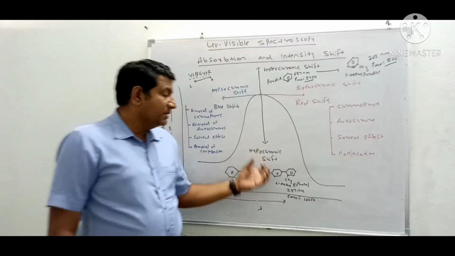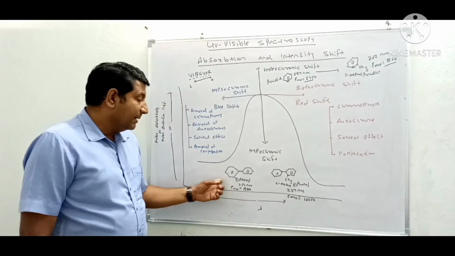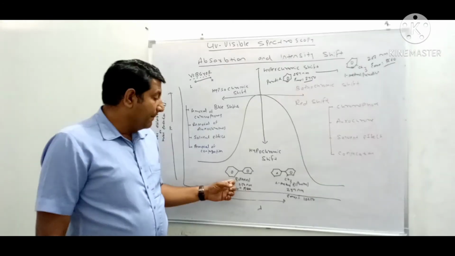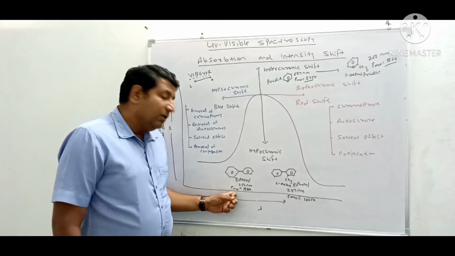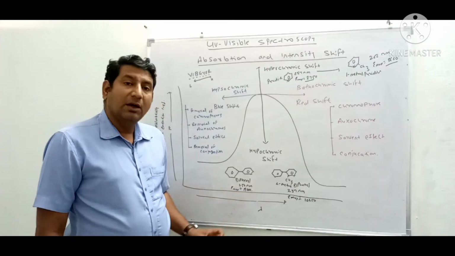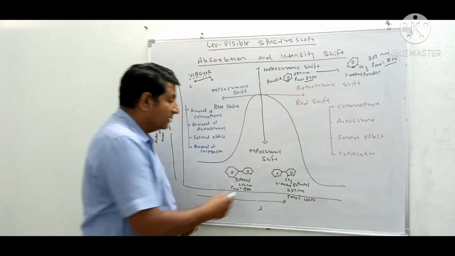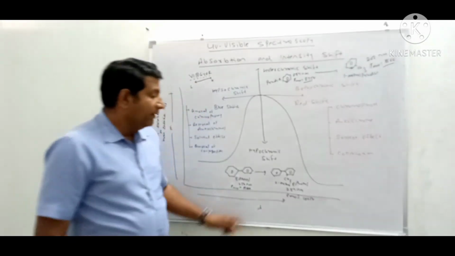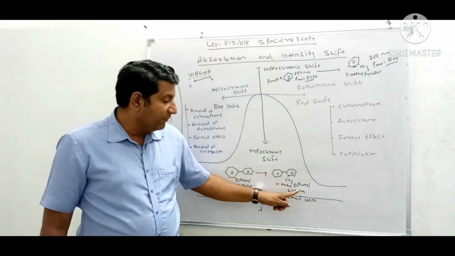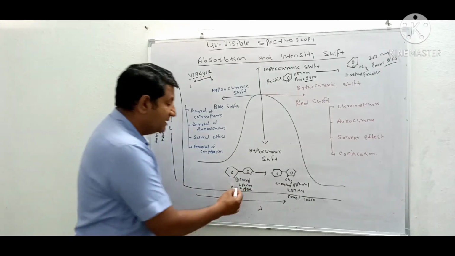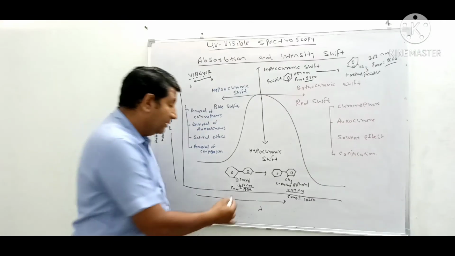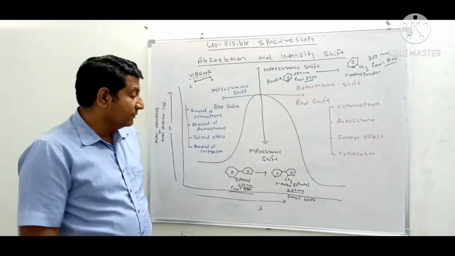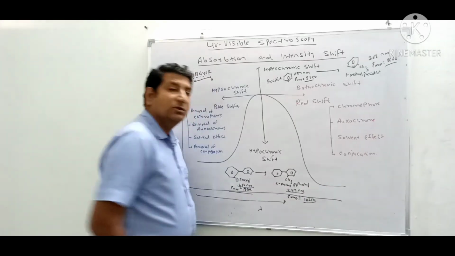In hypochromic shift, for example, biphenyl is a compound whose lambda max is 250 nanometer and the value of epsilon is 19,000. When we do methylation and form 2-methyl biphenyl, the lambda max decreases from 250 nanometer to 237 nanometer and the value of epsilon also decreases from 19,000 to 10,250.